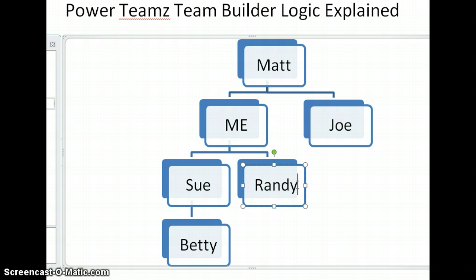Let's just say that none of these people continue inviting. Matt does not continue to invite. Just you. You're building your team just so you can see how the logic works. If Matt did continue to invite, you might actually get a third customer from Matt, depending on the team builder settings, how many people are set to be on each person's team, and of course how his other teams are filling up at the same time.